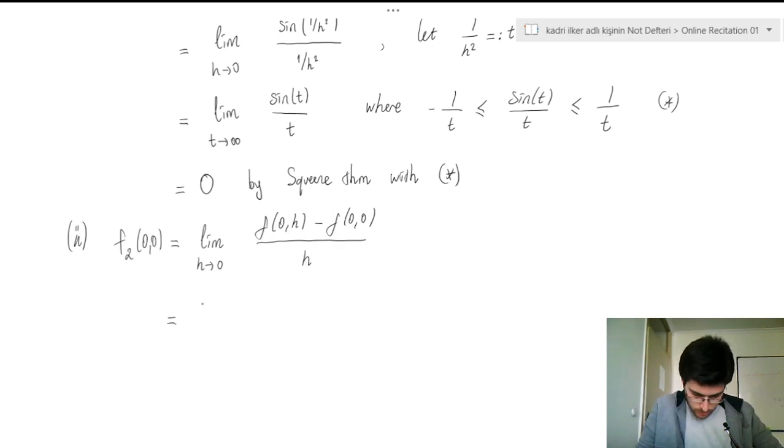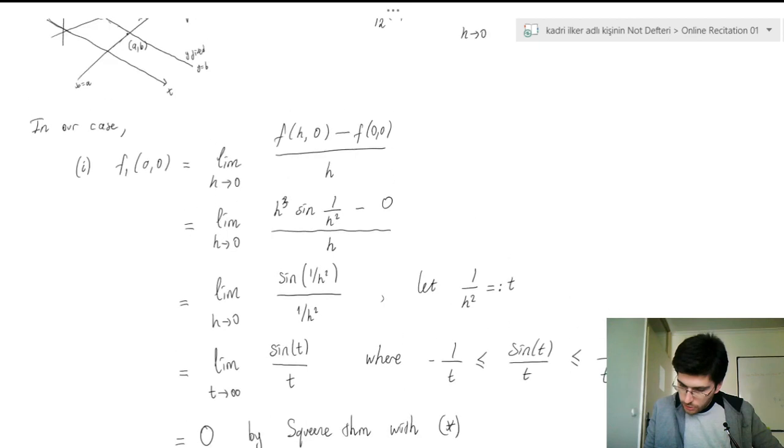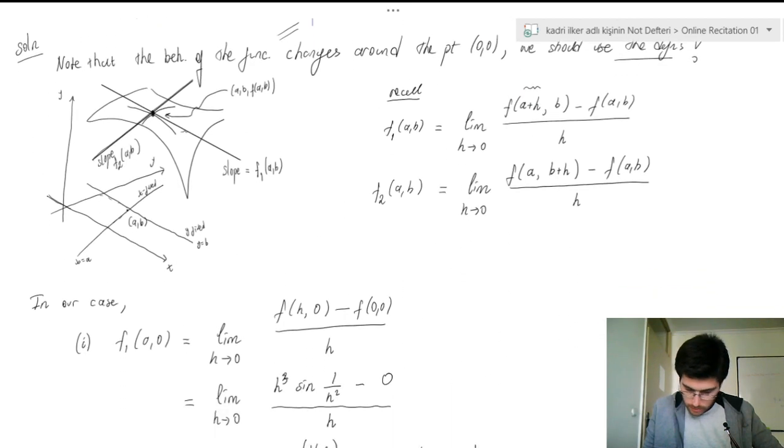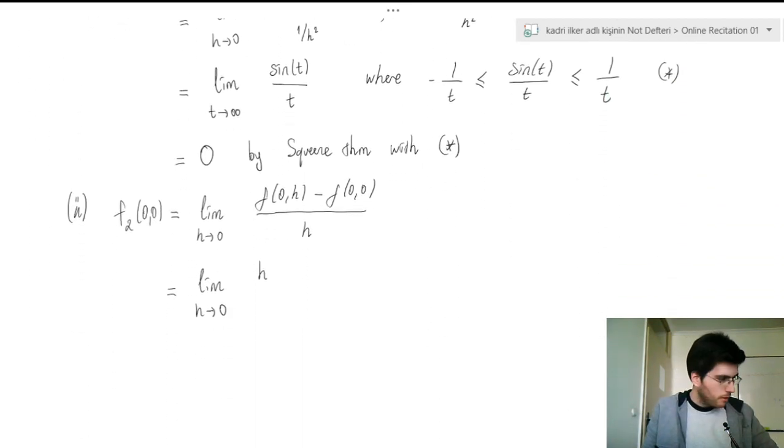But now this is relatively easy, because when x equals 0 and y is h, is that correct? Sine of 1 over h squared.